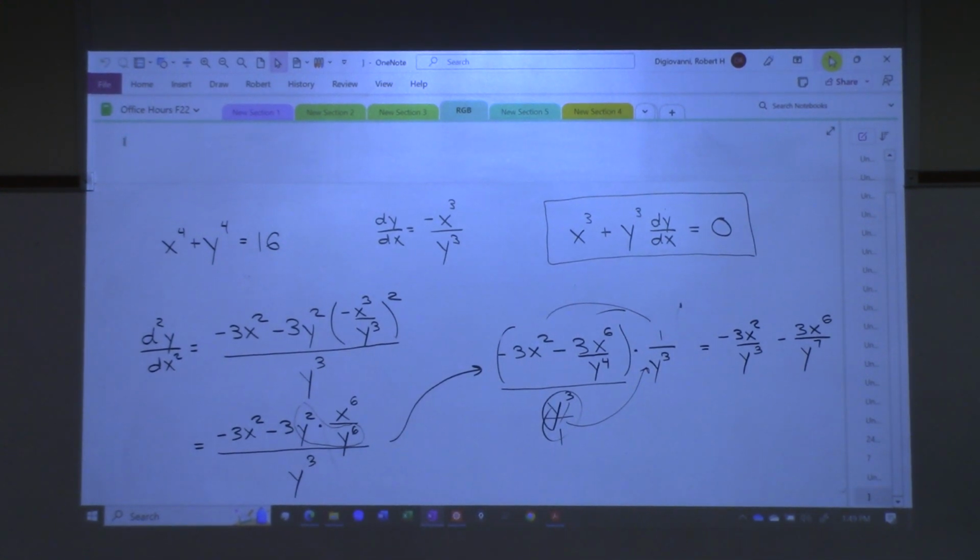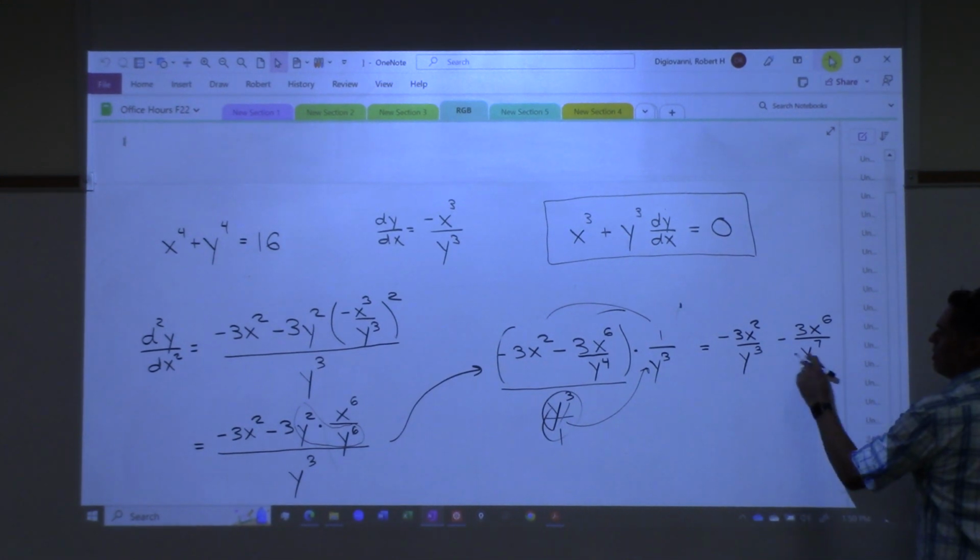All right, so you get to this point. I don't know, do you want to do anything more? You can take a negative 3x squared. So you want me to maybe put these together into one fraction, or can I factor anything out right now? You want common denominator? Let's do common denominator, then I'll factor out a negative 3x.